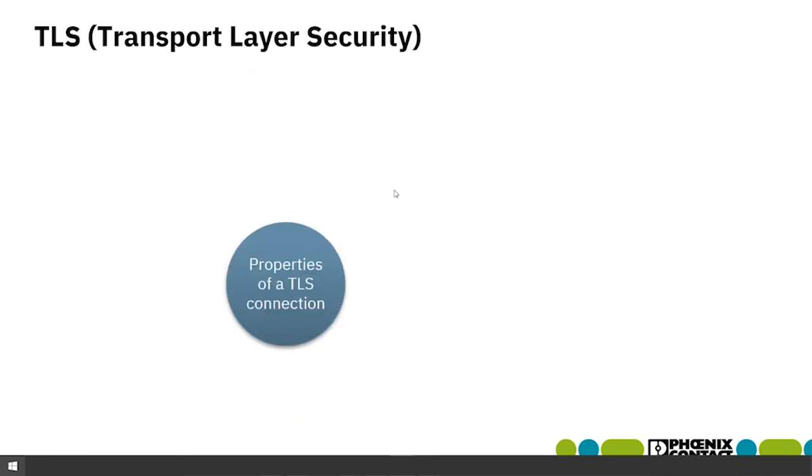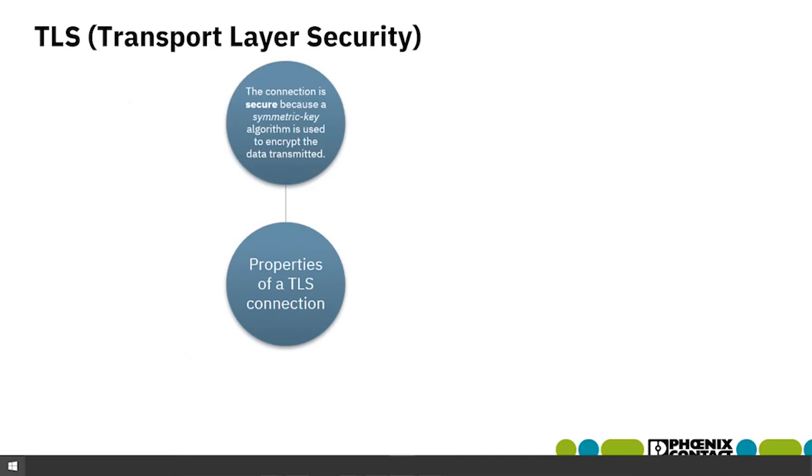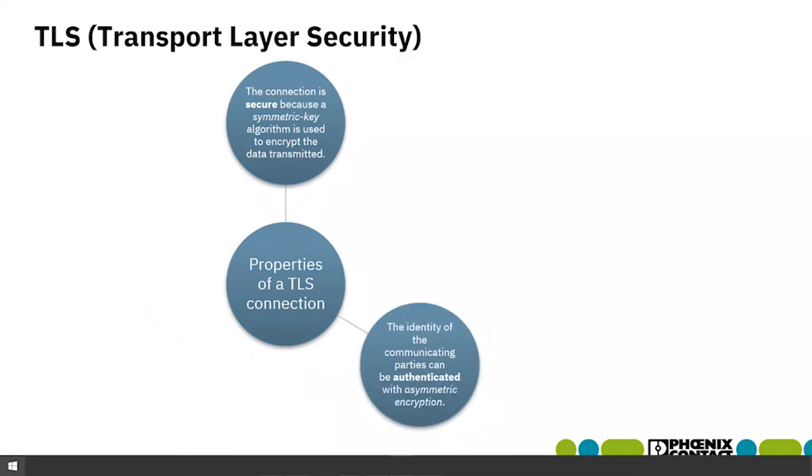So what are the properties of a TLS connection? First of all, it is secure because we use a symmetric key to encrypt the data. So data is encrypted. And what a symmetric key is, I will explain in a second. Then we have authentication, so secure authentication by means of asymmetric encryption.